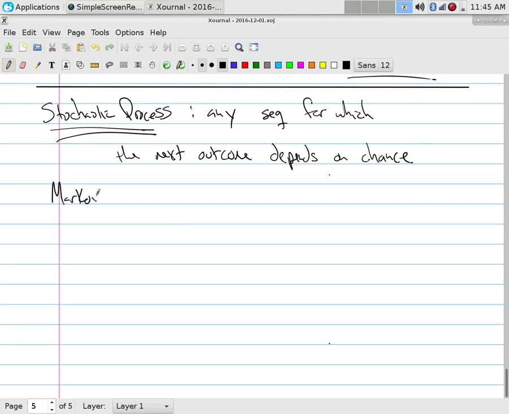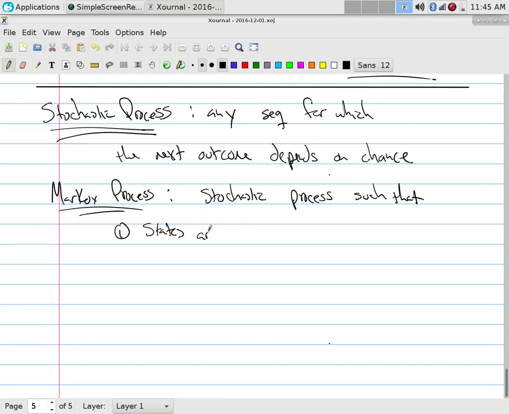Now, a Markov process is a stochastic process such that, one, the states are finite. It's like, what are you switching between? A finite number of things. So we just have a finite matrix, not infinite. Two, next is a function of previous.